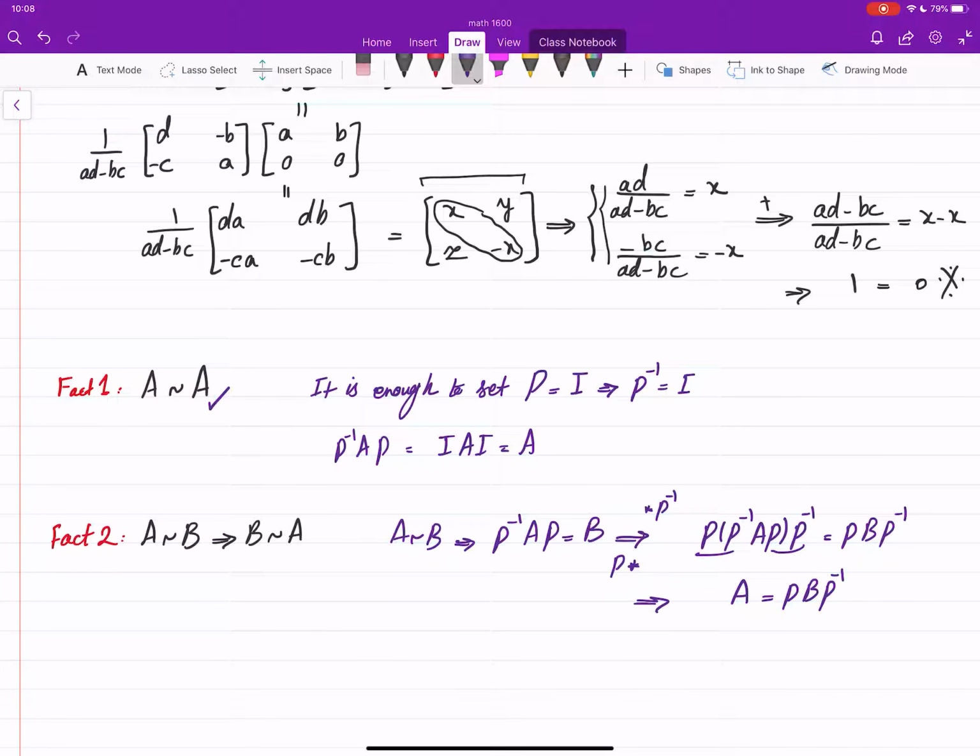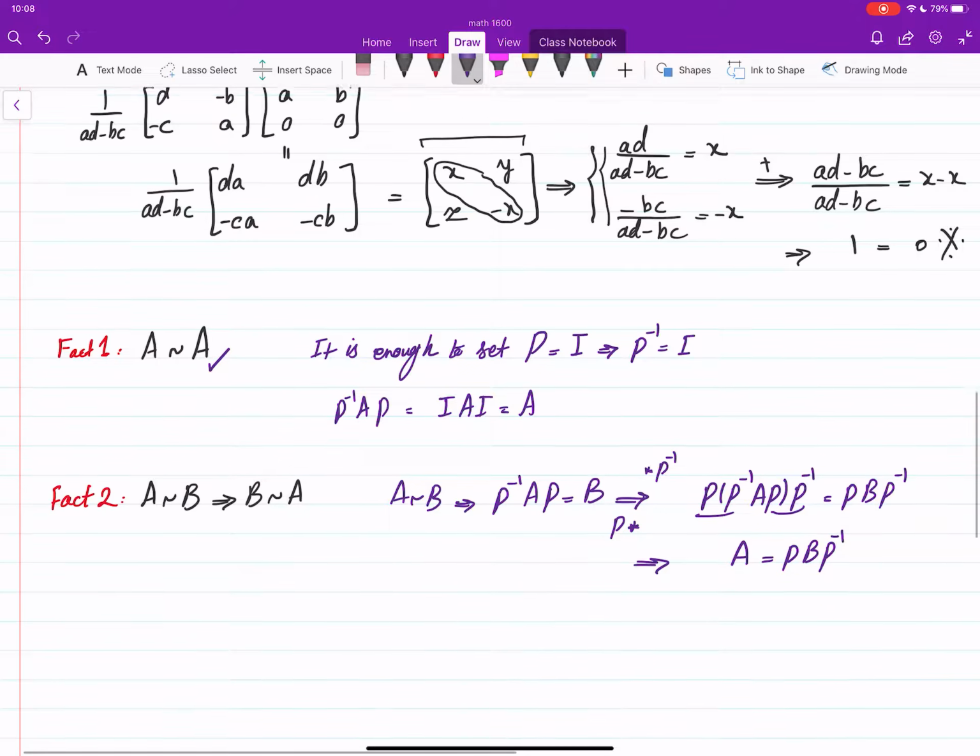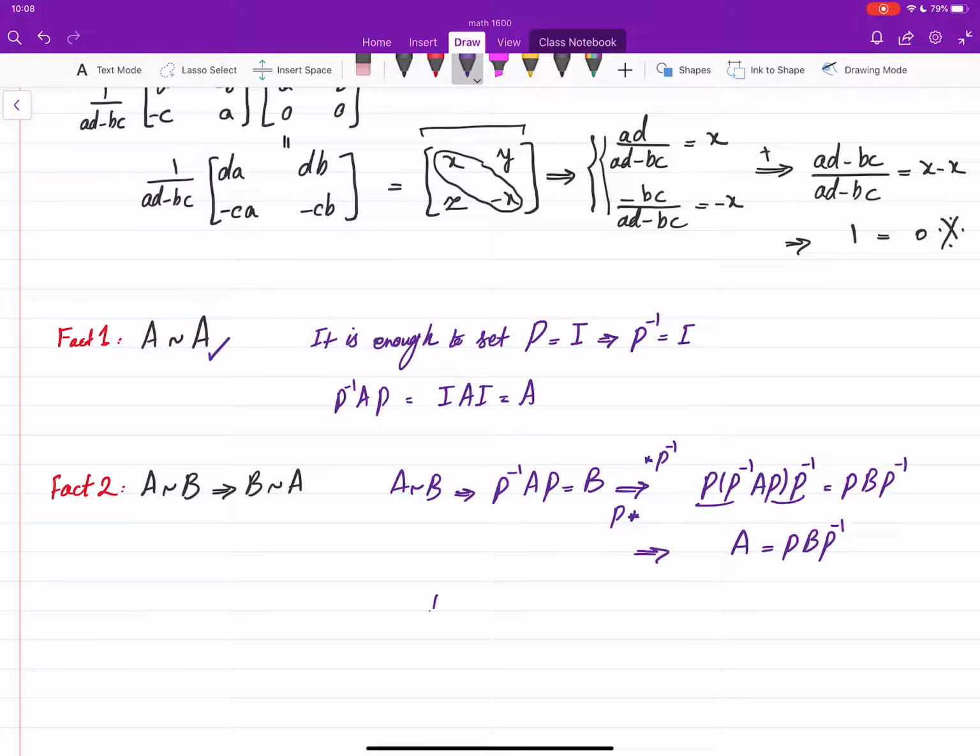But you have to be careful, because the definition of similarity says that inverse times A times the invertible matrix. This has P inverse. Okay, but it is enough to set Q to be P inverse. Why did I do that?